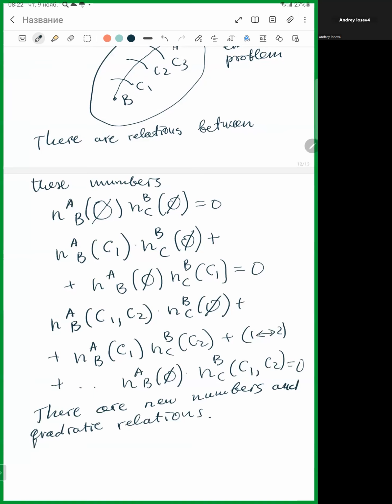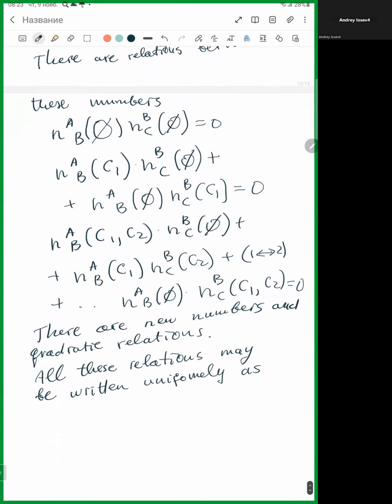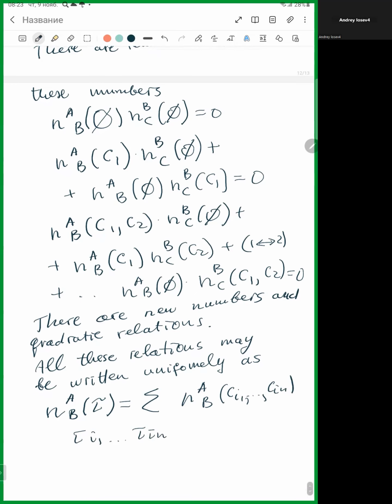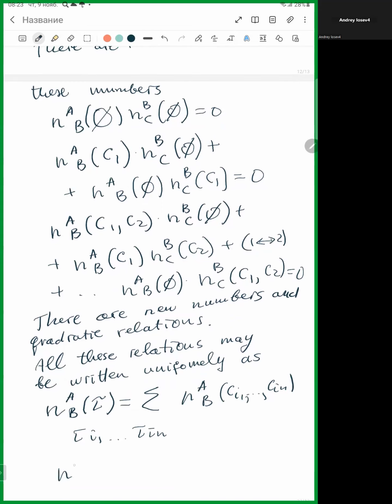It turns out that all these relations may be written uniformly as CI1, CIN, tau I1, tau IN. And all these relations have a very simple form.